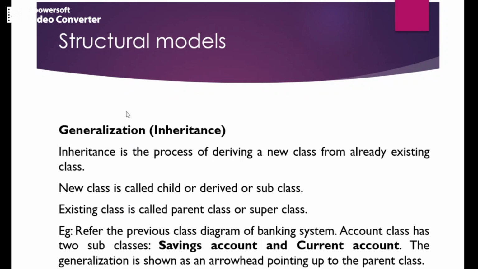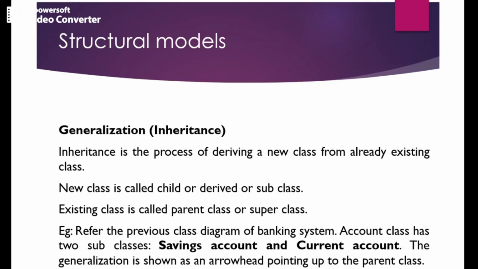We have something called generalization or inheritance. Already you know about inheritance. So another term used for this inheritance is generalization. Same, one and the same. So inheritance is something like you're deriving a new class from an already existing class.